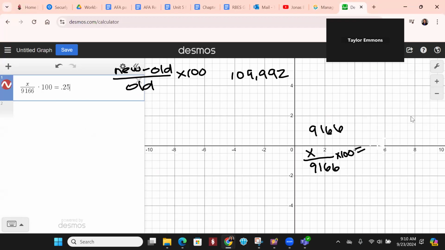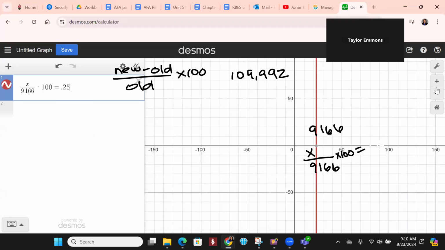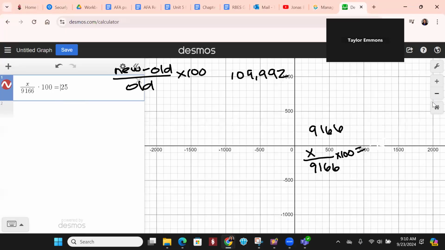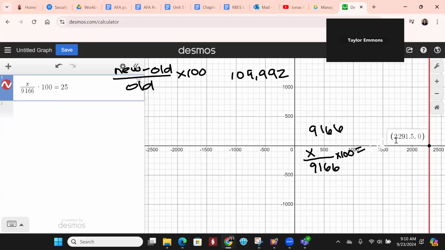Okay, so when we zoom out and we solve, pause, take out the 25. There we go. I was like, that's not right. Then that means we've got $2,291.50, correct? Okay.